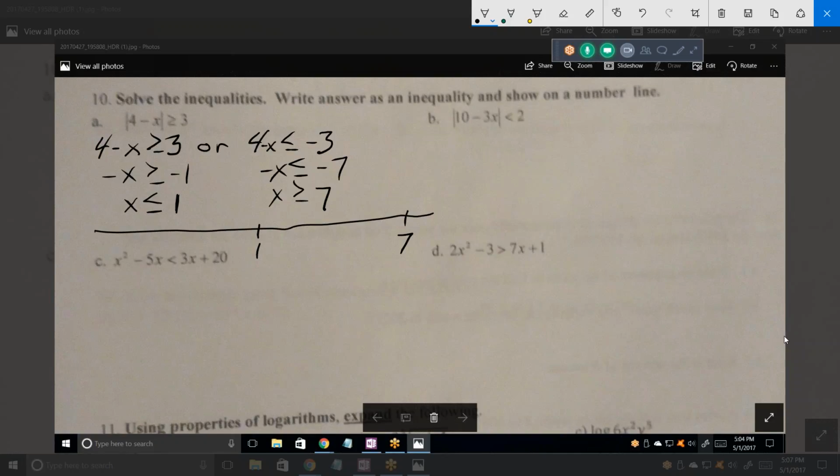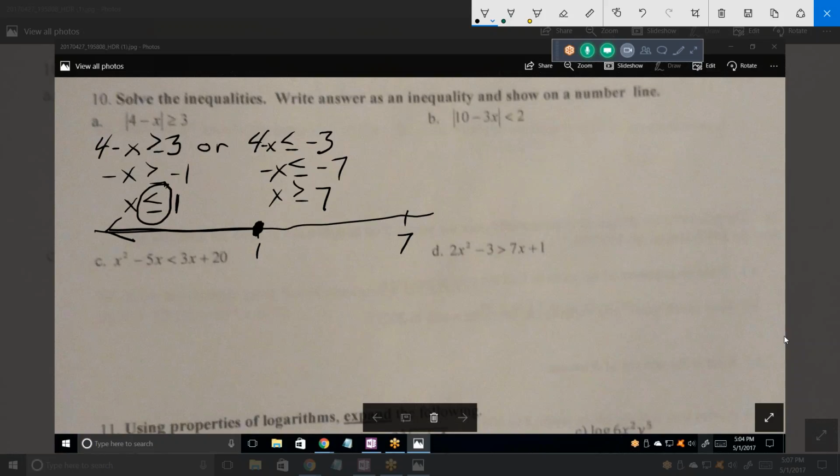A closed dot or an open dot? Closed. Which way does the line go? To the left or the right? To the left.